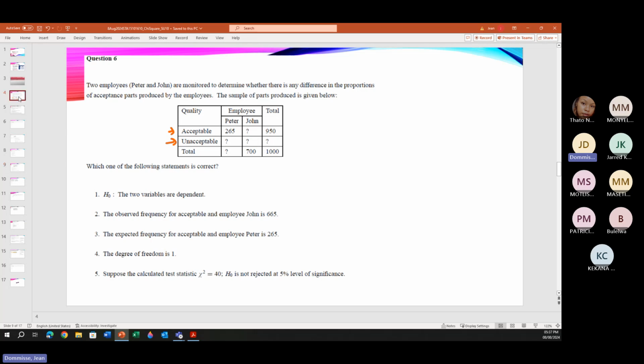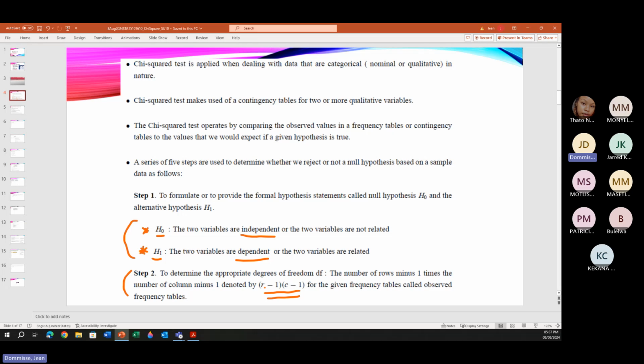Okay, so your degrees of freedom is row minus 1 times column minus 1. So that is the second step that is a bit different from what we've done in the previous chapter: your degrees of freedom is calculated a bit differently.